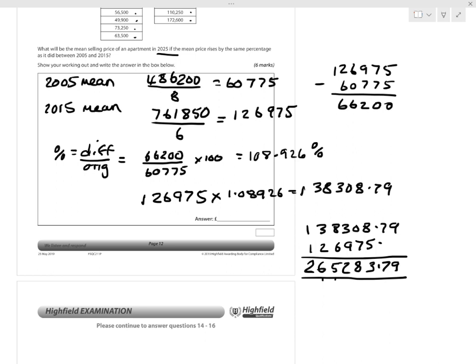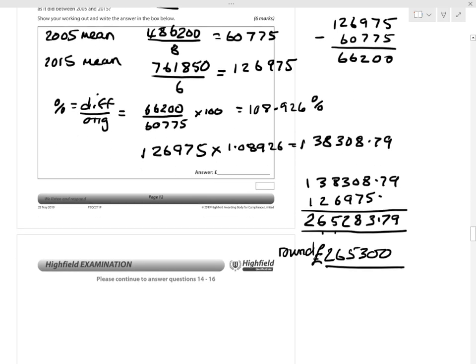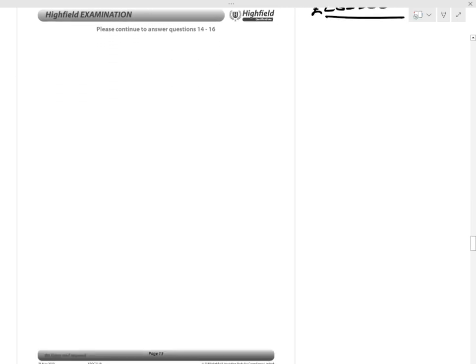I'll just round that to £265,300. Oh, that was hard. I didn't like that one.